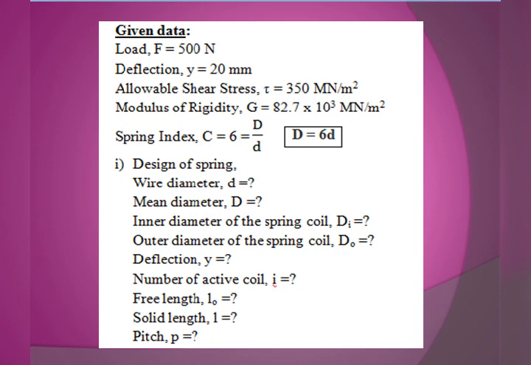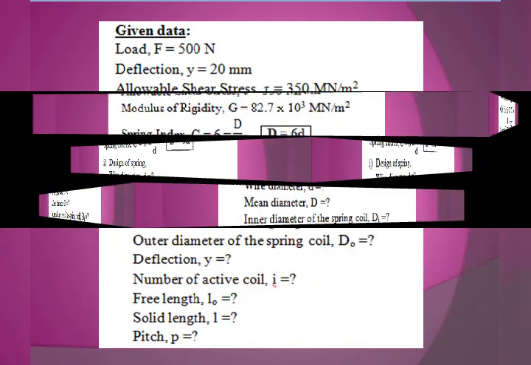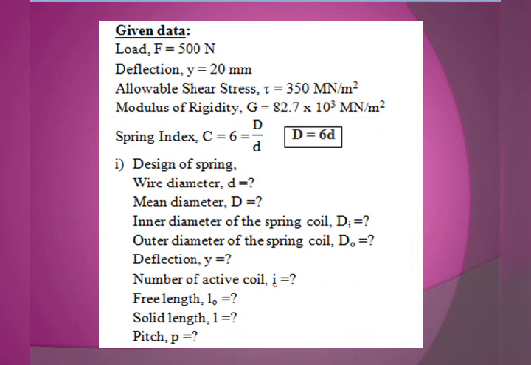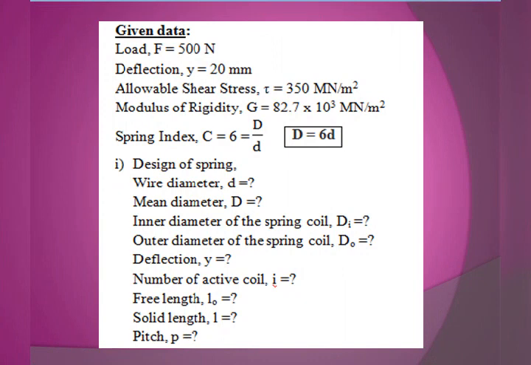The allowable shear stress in the spring material that is denoted by tau that is equal to 350 mega Newton per meter square or 350 Newton per mm square, and modulus of rigidity is 82.7 into 10 to the 3 mega Newton per meter square. Modulus of rigidity or rigidity modulus G is equal to 82.7 into 10 to the 3 Newton per mm square.